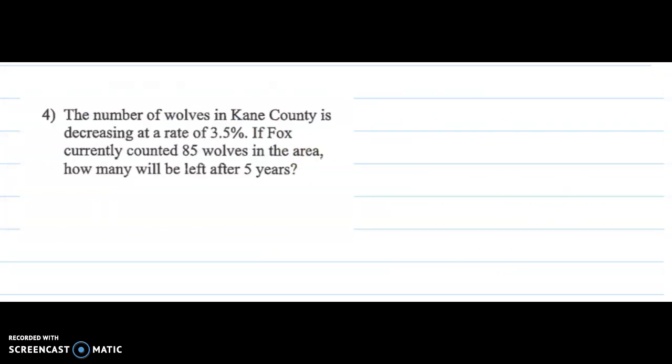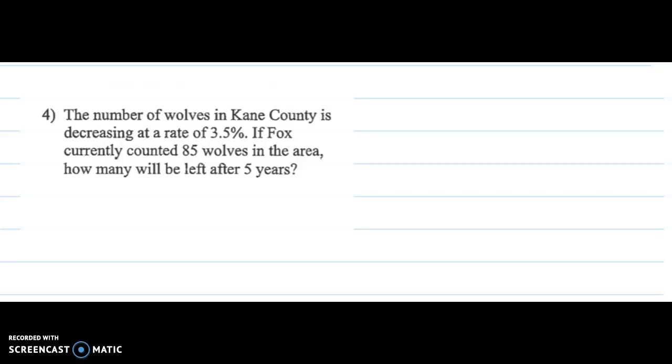Okay, so let's look at our first example here. This one says the number of wolves in King County is decreasing at a rate of 3.5% per year. If Fox currently counted 85 wolves in the area, how many will be left after a given number of years?